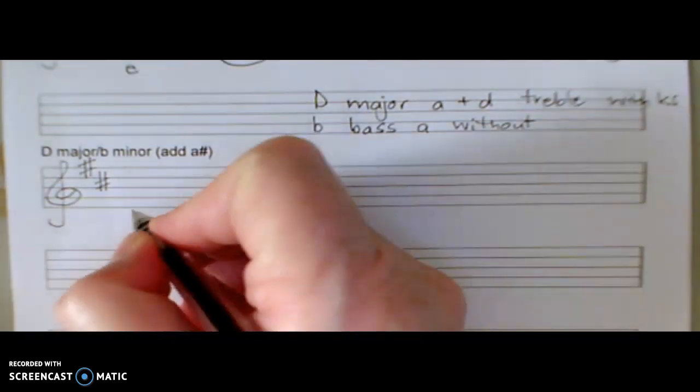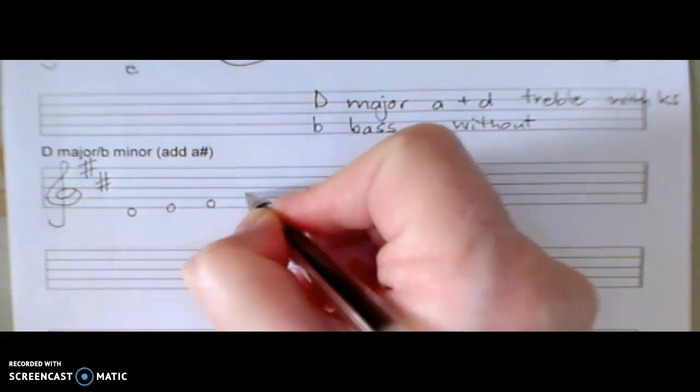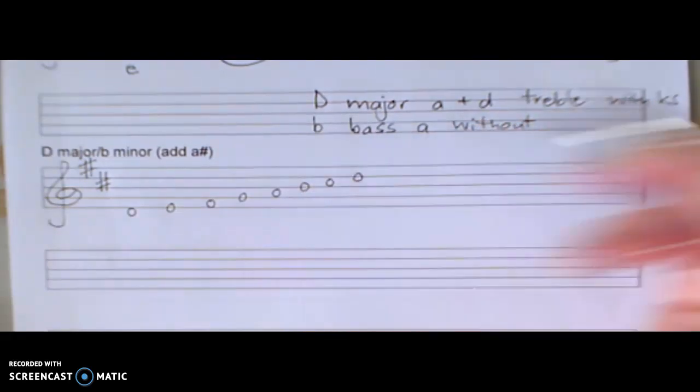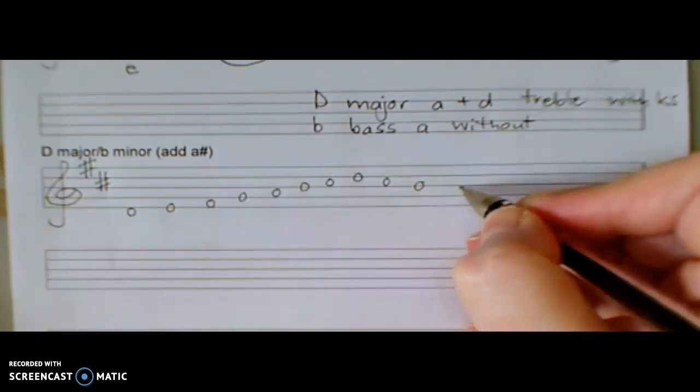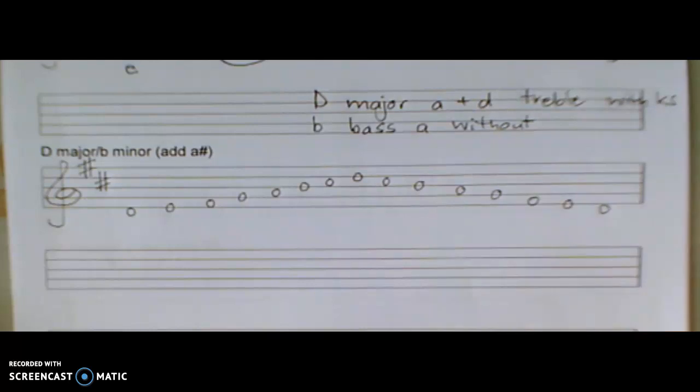Ascending, first I start low and I go up. 1, 2, 3, 4, 5, 6, 7, 8. Don't repeat the 8. 7, 6, 5, 4, 3, 2, 1. So this is 1. I don't have to add the sharps because I've got the sharps in my key signature.